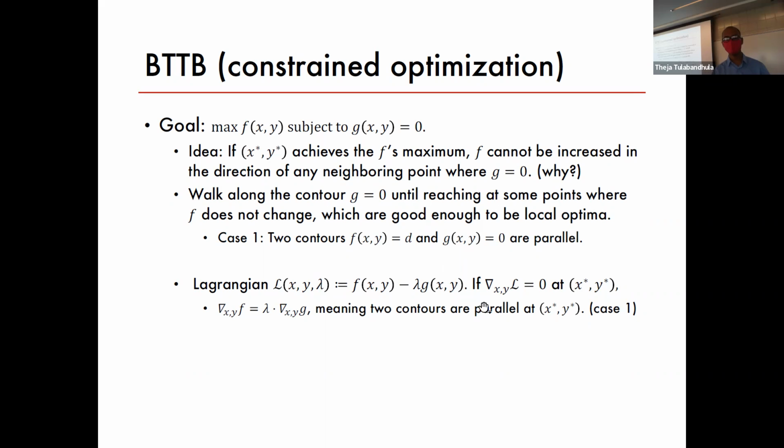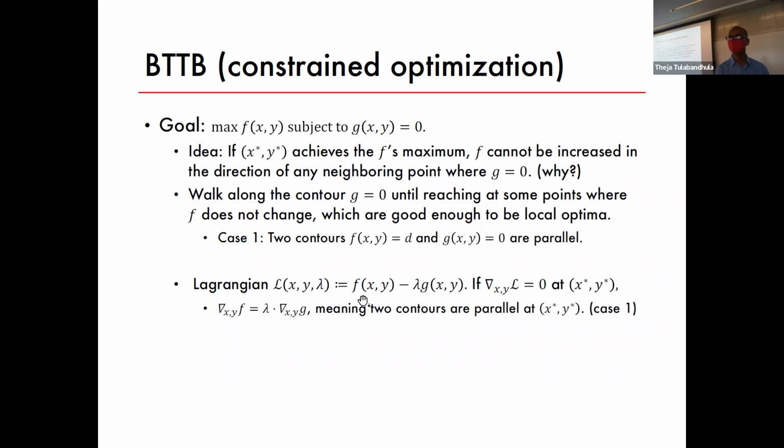So what does it mean in terms of the Lagrangian? It means that if you take the gradient of the Lagrangian and set it equal to 0 at these local optima, then case 1 corresponds to the following.